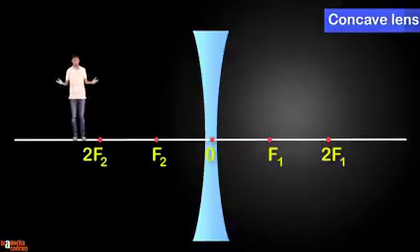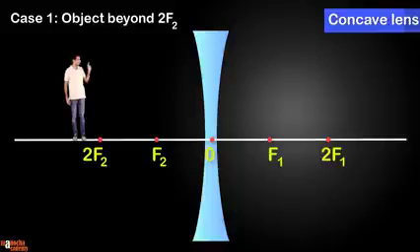Here I am on the principal axis at a certain distance from the concave lens. Again, we need to take the light rays from the top of the object. So from my head. Remember, we need to use 2 out of the 3 rules. For the first ray, let's use rule 1.